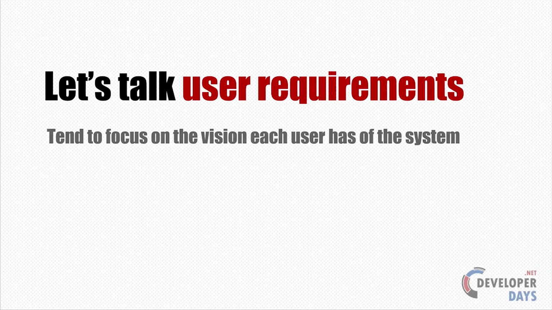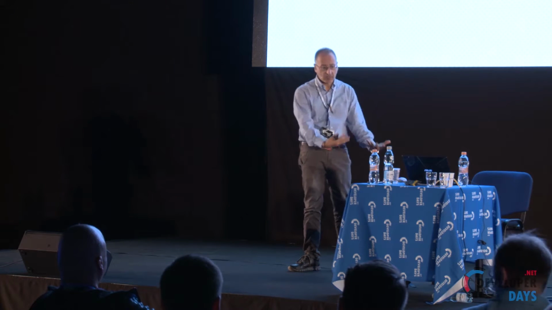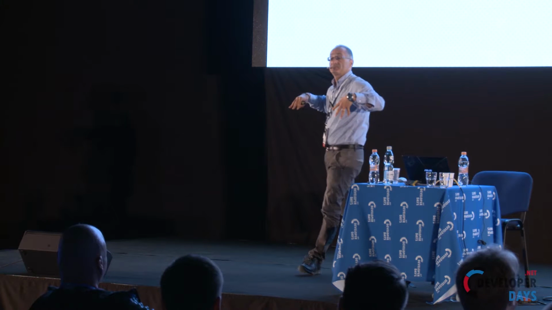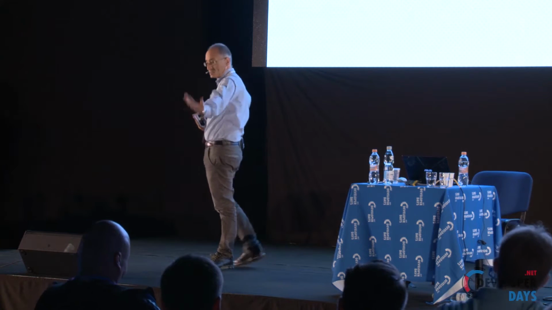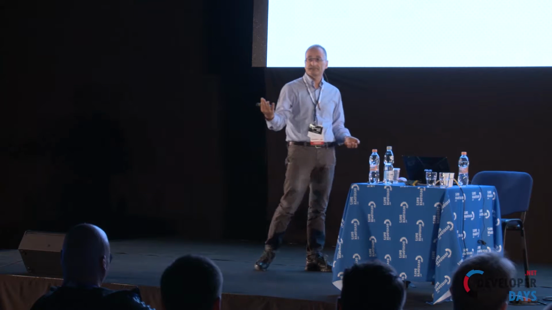Now, most user requirements we get, regardless of the methodology we use to acquire them, come from different users. And the bigger the organization for which we are writing software, the more people we need to talk to.